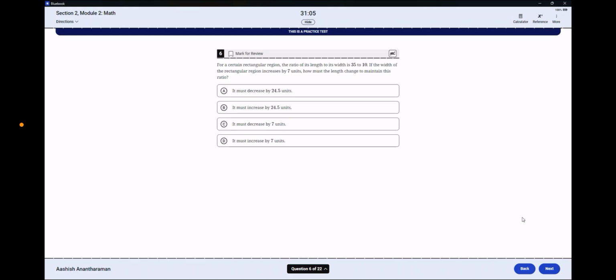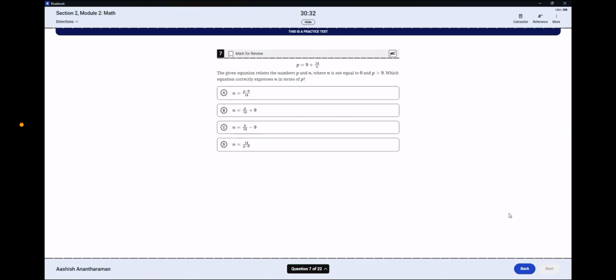It's going to have to increase by 3.5 times 7, because we have to keep the ratio. 35 is 3.5 times 10. So 3.5 times 7 is going to be 24.5. And so it's going to have to increase by 24.5. If the width, which is the smaller side, increases by 7, the length has to increase by 3.5 times that to make sure that ratio still exists.